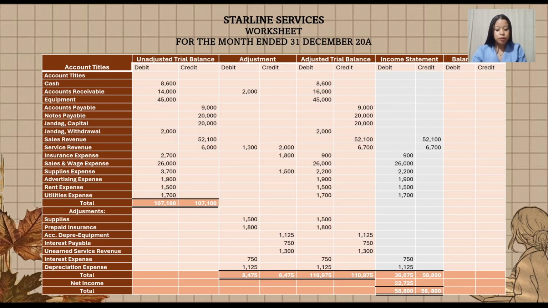After subtracting total expenses from total revenues, we get a net income of 22,725, which appears on the credit side of the income statement.